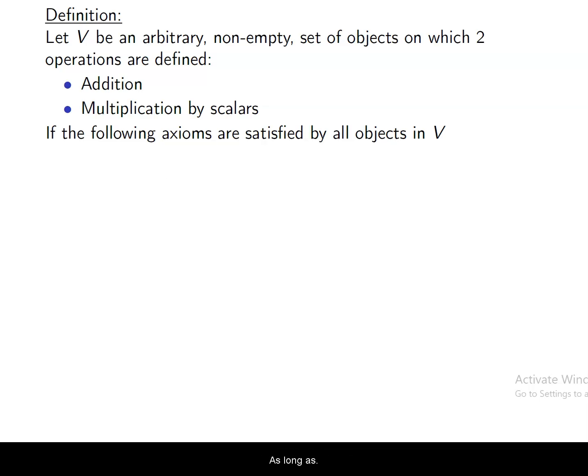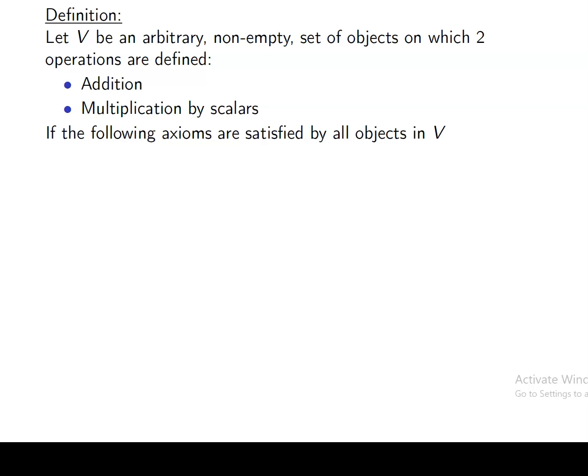As long as our 5 multiplication axioms are satisfied, we can call that multiplication by scalars. This is where it's going to get weird for you, because you're going to be thinking about it in the very standard way that you're used to. However, we are really going to flip that upside down. So I want you to come into this video with an open mind. Don't hold on to your standard notations of mathematics as you know them up to right now.